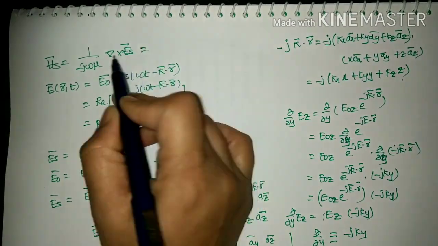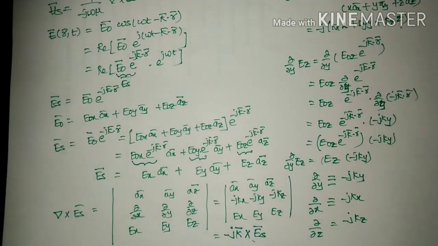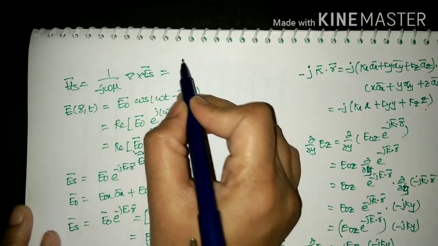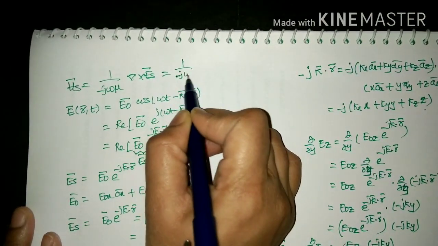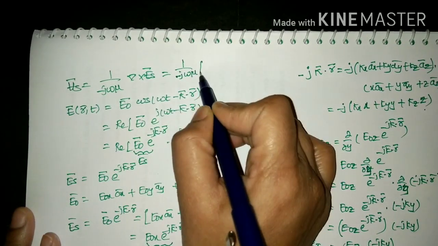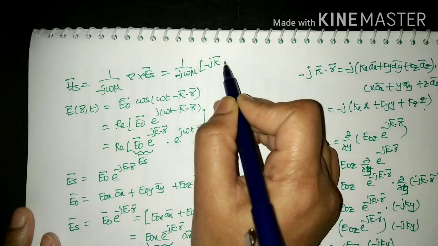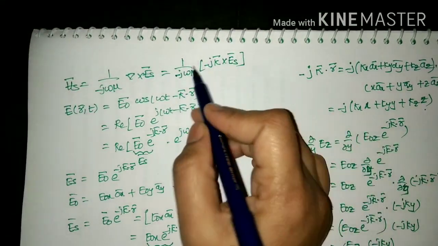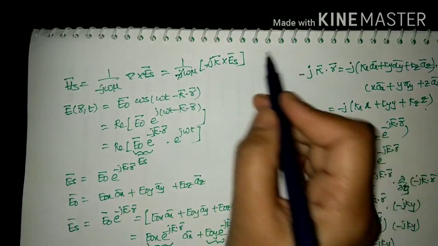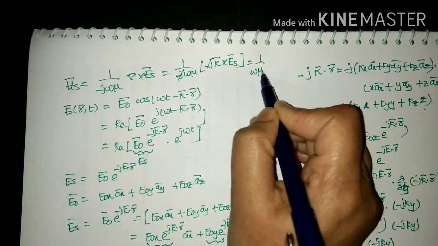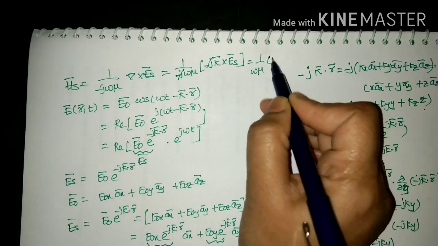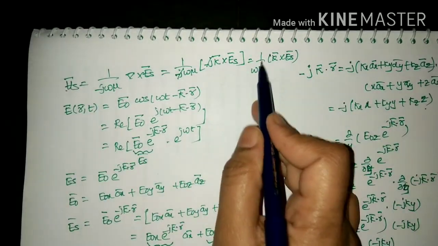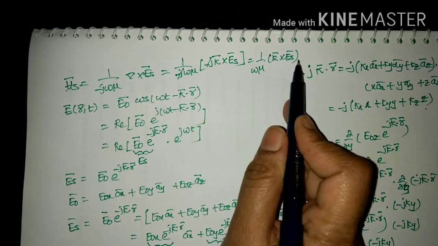So we get 1 by minus j omega mu del cross Es bar, where del cross Es bar is minus j k bar cross Es bar. So minus j will get cancelled. It is equal to 1 by omega mu k bar cross Es bar. So Hs bar is equal to 1 by omega mu k bar cross Es bar.